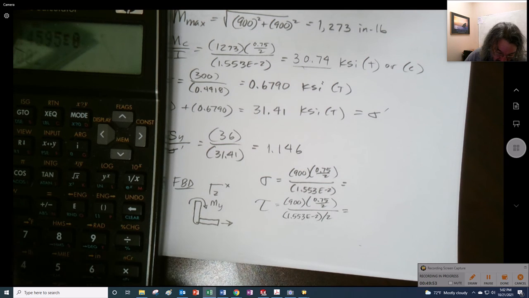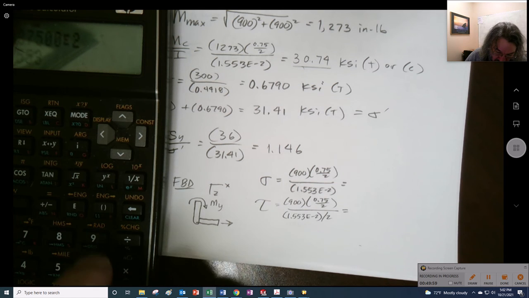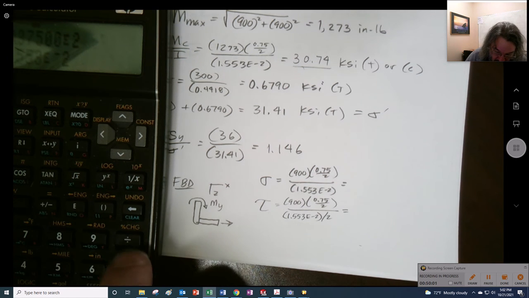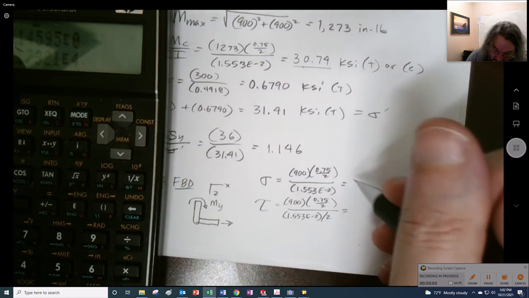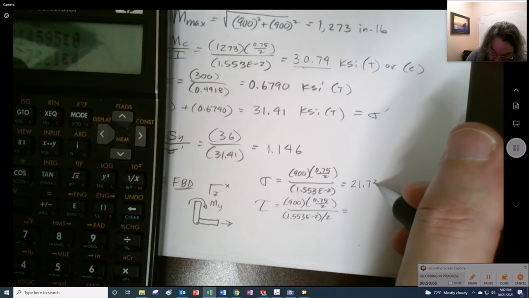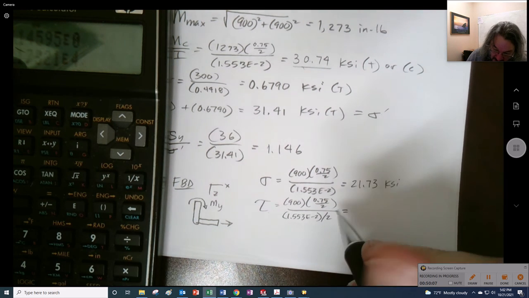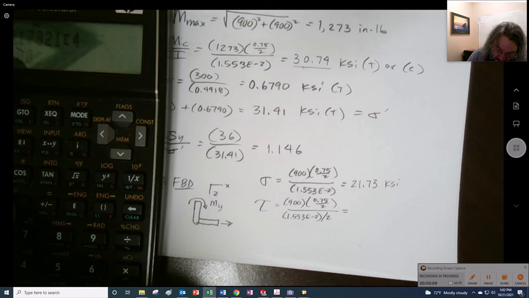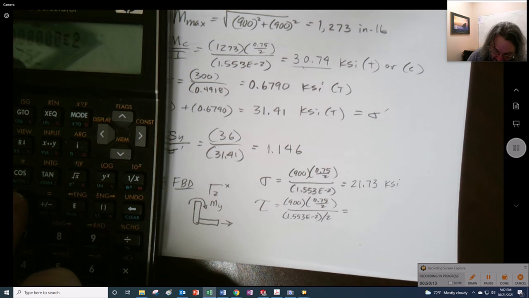So we go 900, and I go 0.375 times it, divided by 1.553 E minus 2, so I get 21.73 KSI. And then this guy is 900 times 0.75, and actually, it should just be 1/2 of the thing, right?